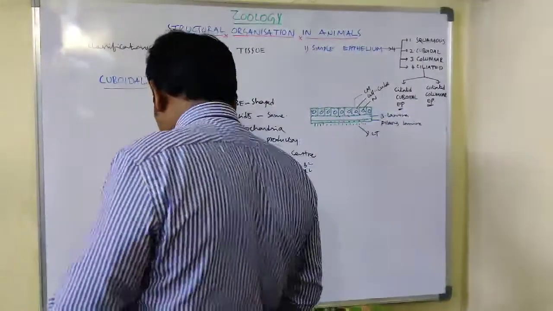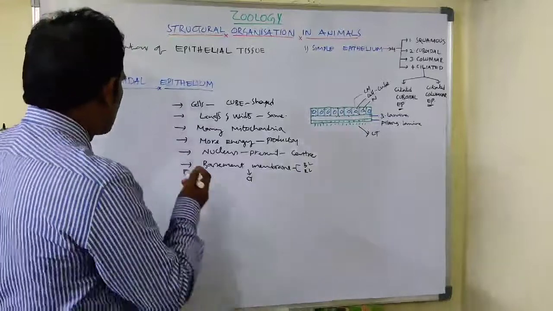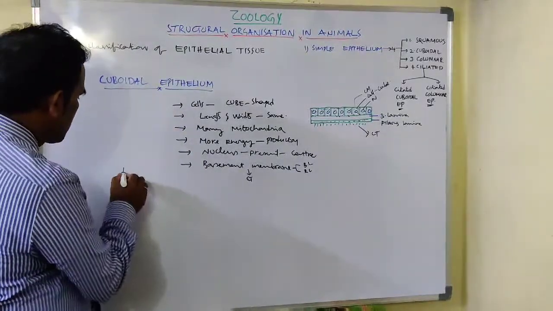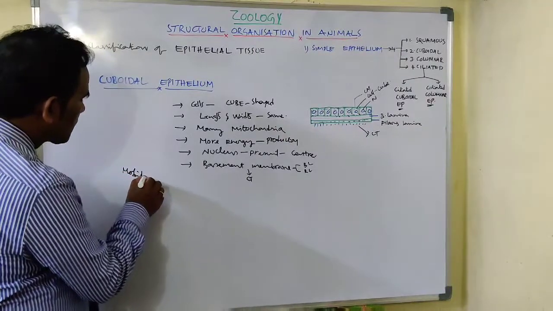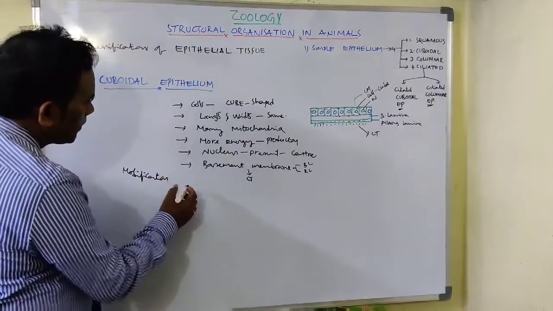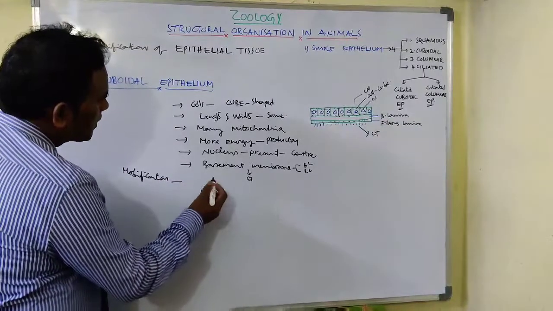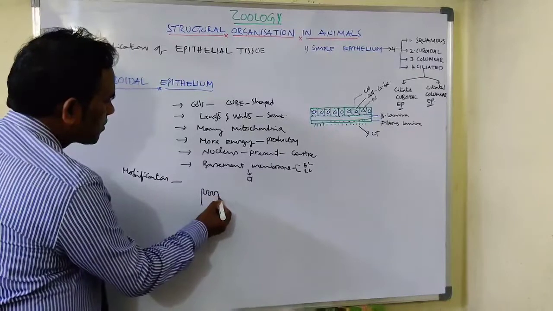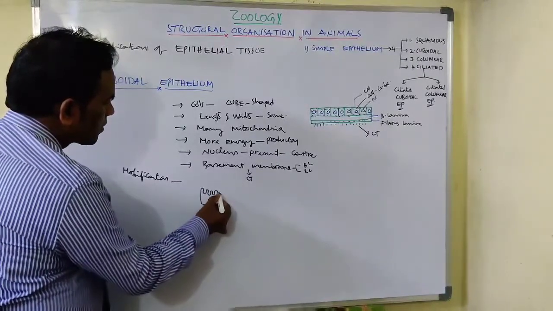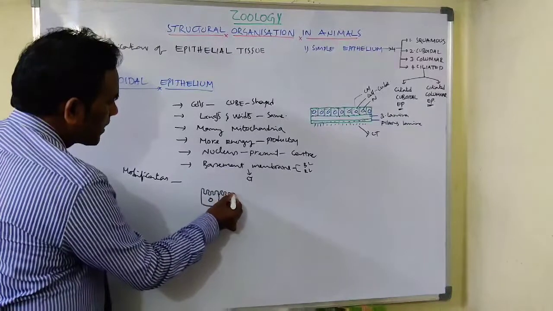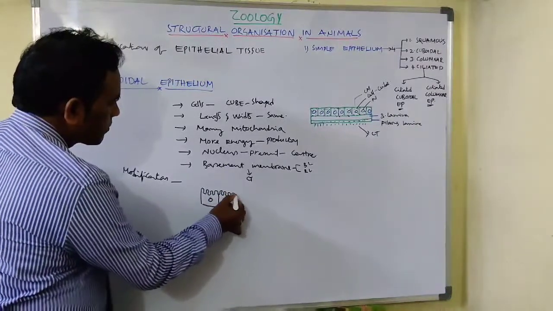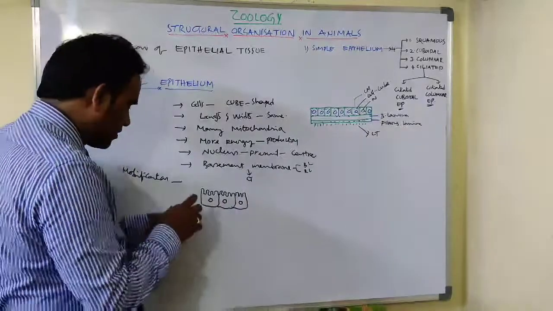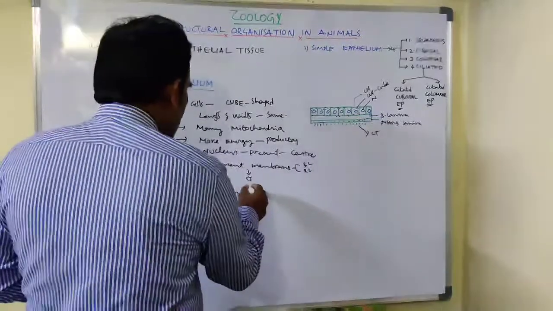Now the location, and some special modifications. Some of these cuboidal epithelium have brush borders, called microvilli.